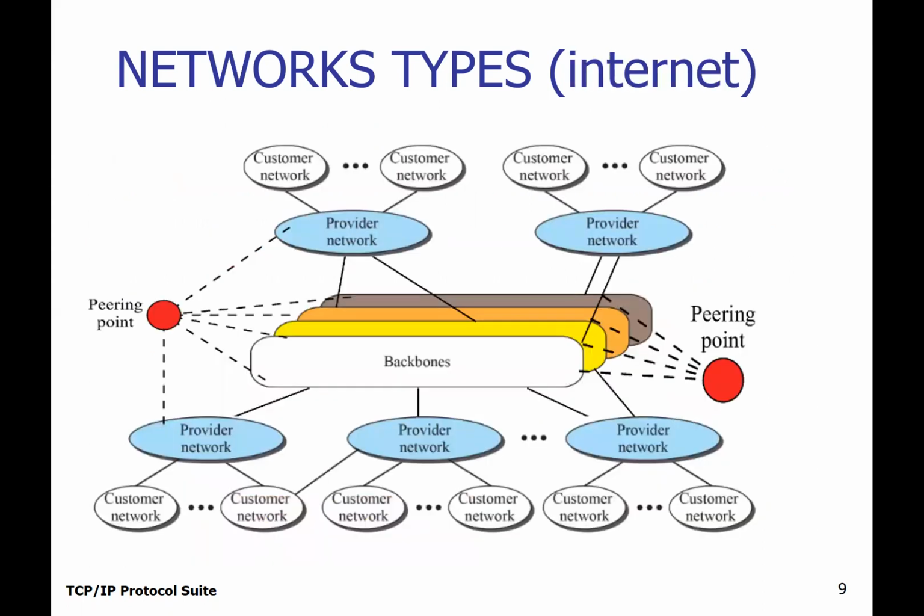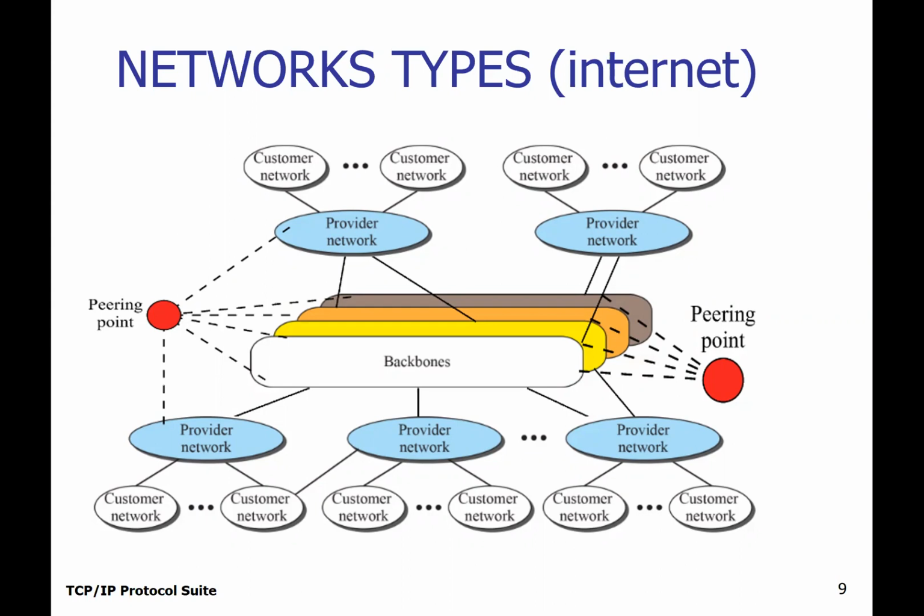And to make it bigger, the internet. What's the internet? It's everything. My internet at the house is connected to an internet provider. I'm connected to Spectrum, right? That's what we call a local ISP, provider network.